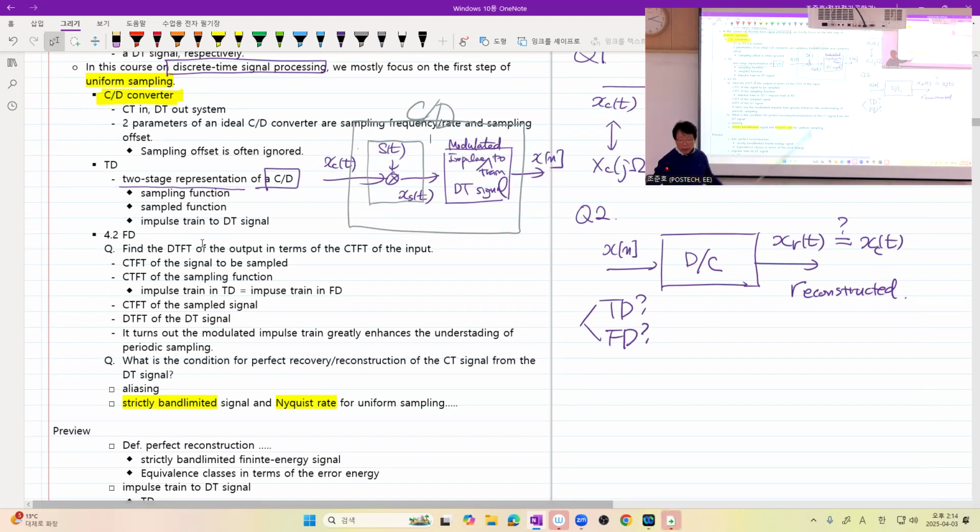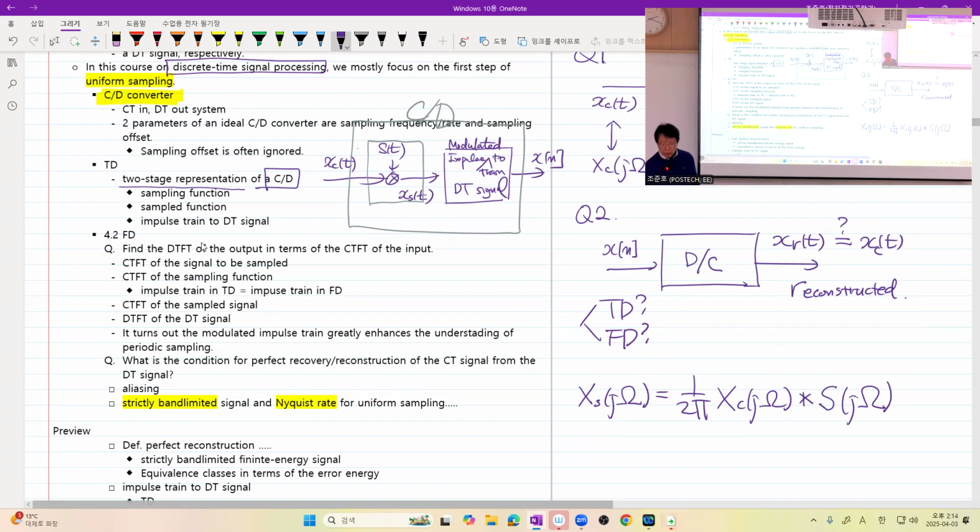So let's try to find the CT Fourier transform of this sampled signal. And as we know, multiplication in time is equivalent to what? Convolution in frequency. And what is this one?